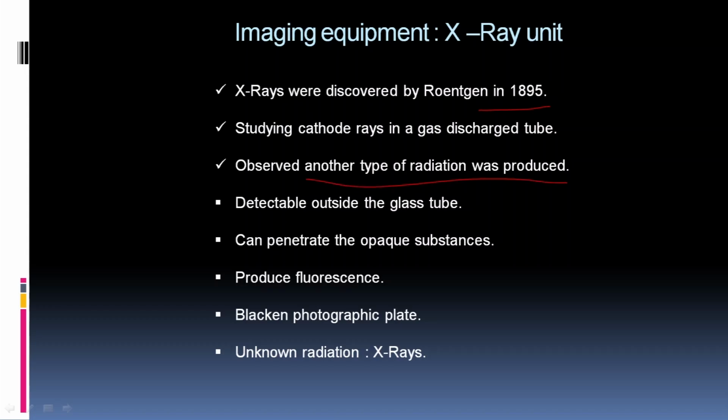This radiation is detectable outside the glass tube, and it can penetrate opaque substances. It can produce fluorescence. This radiation blackens the photographic plate, and this unknown radiation he named X-rays, as we define any unknown as X.